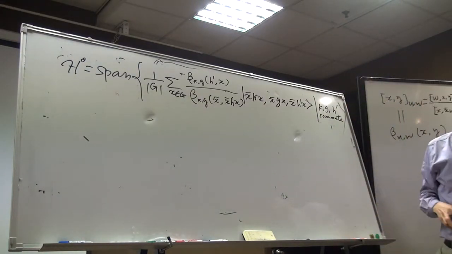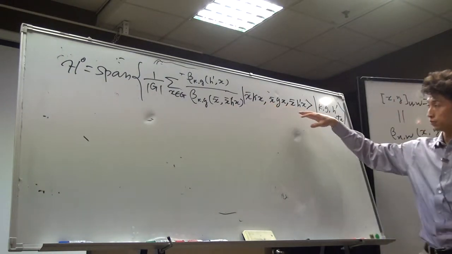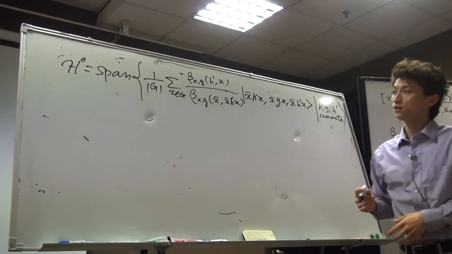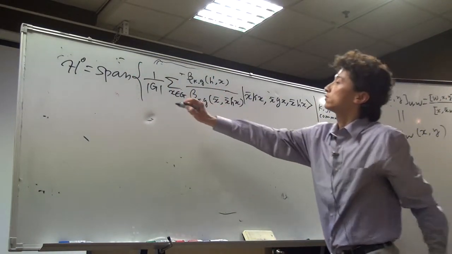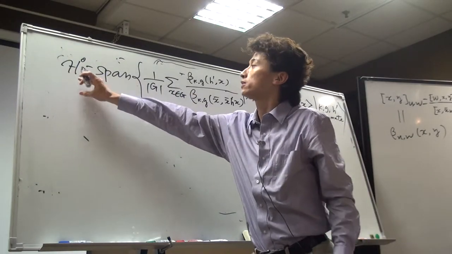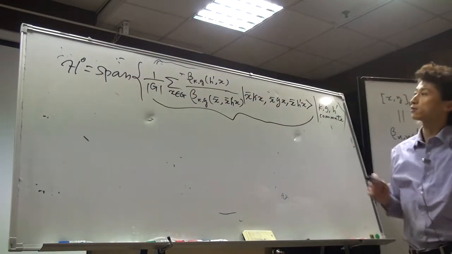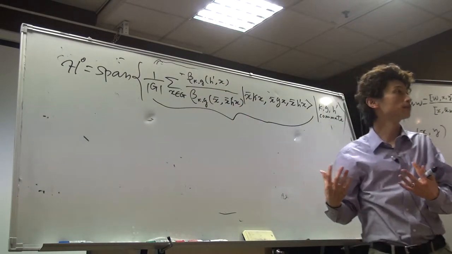Such that a state like this would be a ground state. The K, G, H prime will have to commute. But the original group will be anything, and the ground state Hilbert space will be a span of basis vectors like this. So each of the summations, this average, is a basis vector.